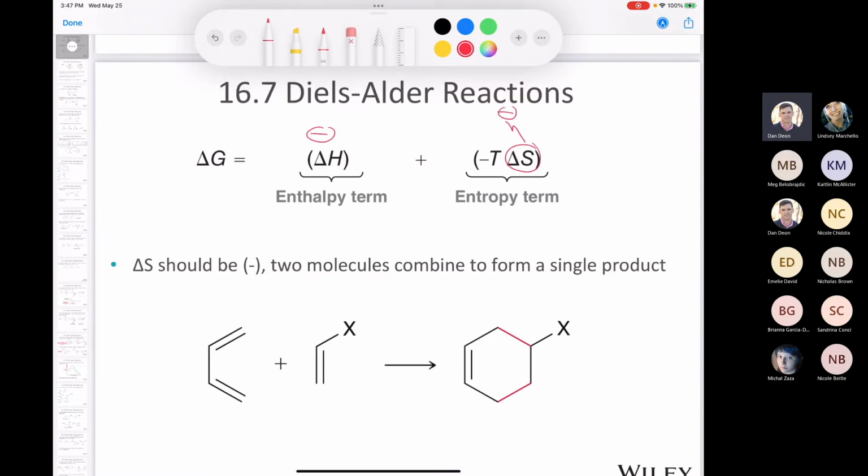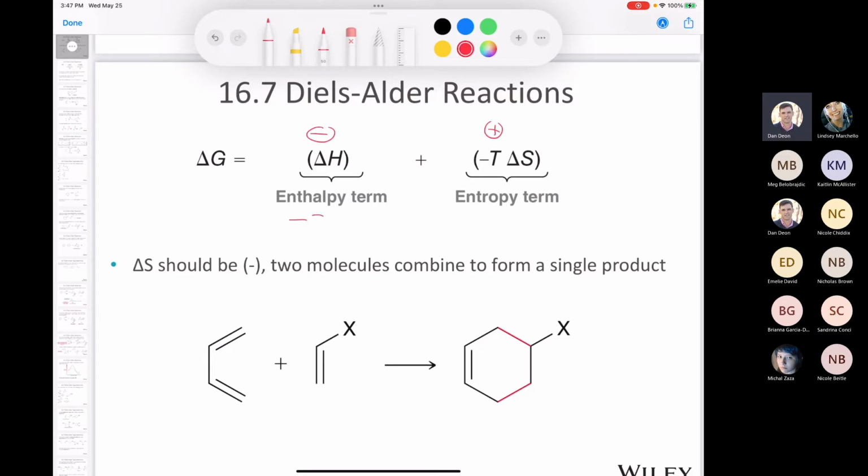So if we take a negative delta S and multiply it by a negative delta T, negative times a negative gives you that this whole entropy term must be positive. Well, if you take a negative and subtract a positive number from it, what do you get? Do you get a negative number or a positive number? It depends.